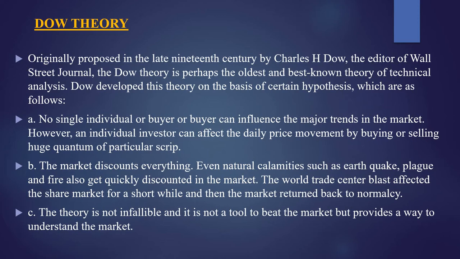However, an individual investor can affect the daily price movement by buying and selling a huge quantum of a particular scrip. So a single individual or single buyer cannot influence the major trend. The major ups and downs of the market will not be affected by an individual buyer or seller, but in some cases they may affect the prices of day-to-day transactions. In the day-to-day price movement, an individual's selling and buying has an effect, but in the long run, a single individual's trend will not affect it.